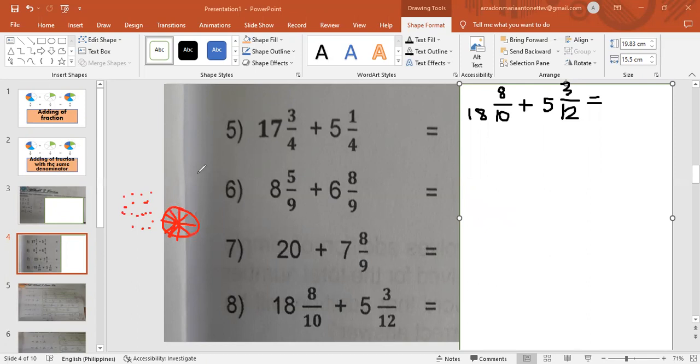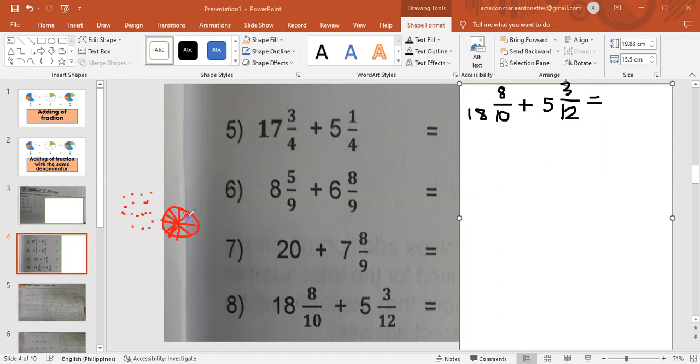Okay, there are 10 parts of pizza, because you are 10 in a family, right? So you have to divide the pizza into 10. But only 8 of your siblings eat that. This one.